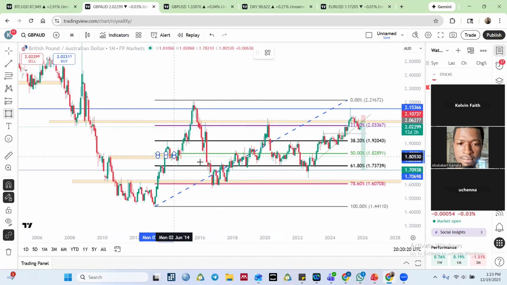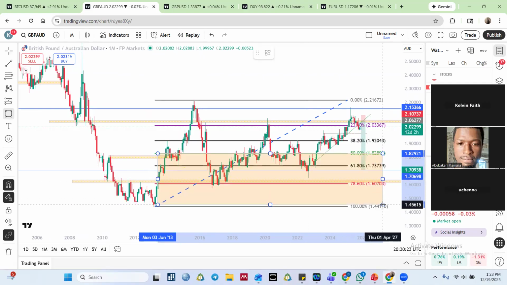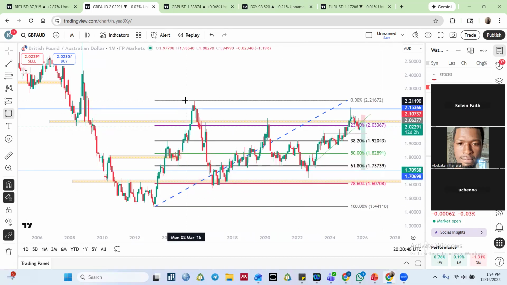Discount is anything below 50%, because now we know there is a change of character or a break of structure, which means the market wants to start making bullish structures. The market wants to go bullish. So we can see we have below 50%. Let's see, price drops back after the break of structure straightforward into 78.6%.